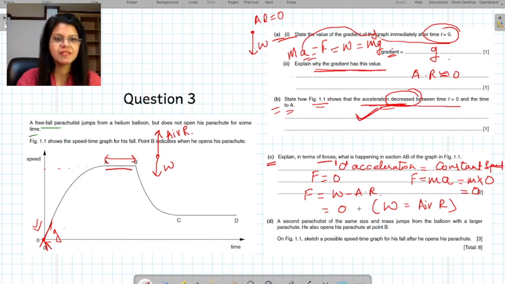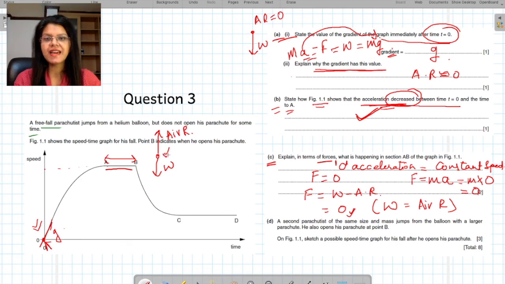When you subtract equal quantities, the resultant is 0. The resultant force acting between point A and B is 0. So explain in terms of forces what is happening. The resultant force is 0, and this is your Newton's first law of motion. When an object is in motion and the resultant force on it is 0, it keeps moving at a constant velocity. And if you see in the graph, it is a constant velocity. Why? Because the resultant force is 0.